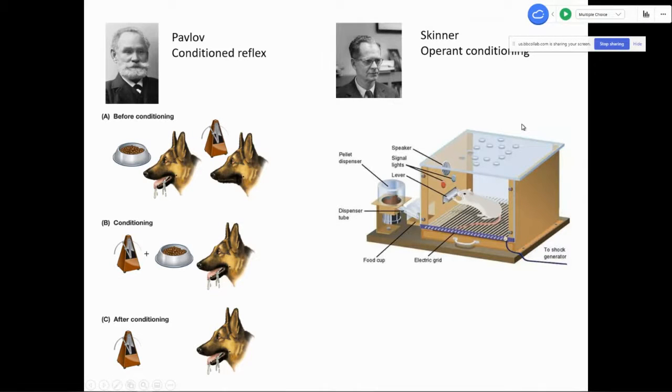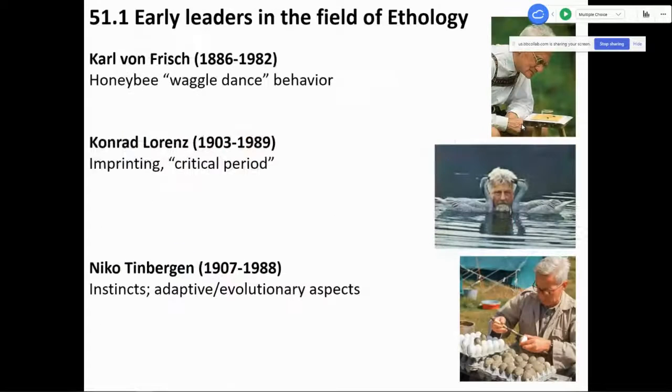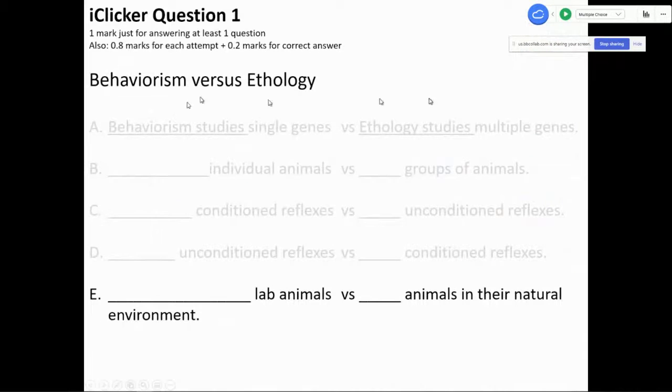You could teach them to behave in certain ways depending upon a positive or negative stimulus. The answer is E: behaviorism studies lab animals and ethology studies animals in their natural environment.